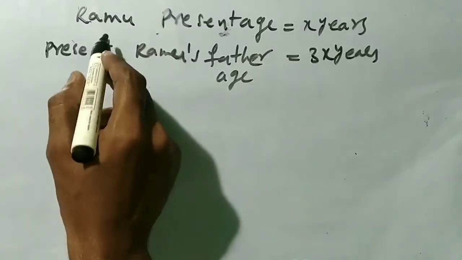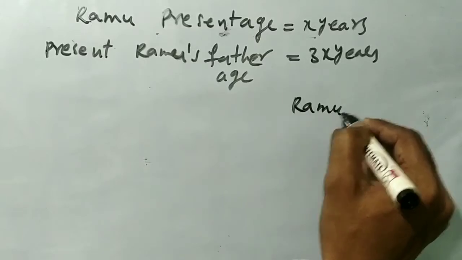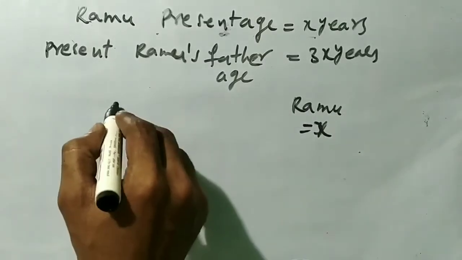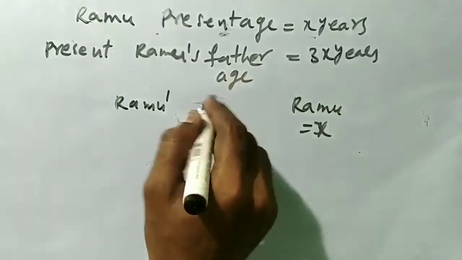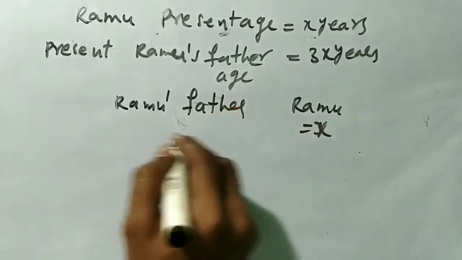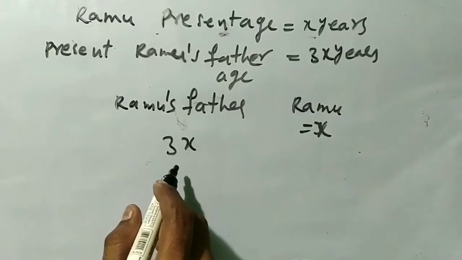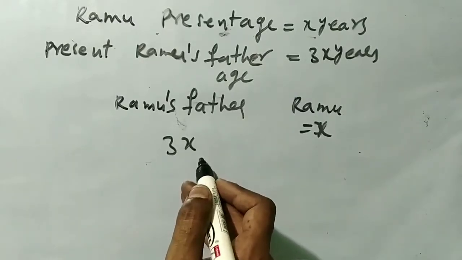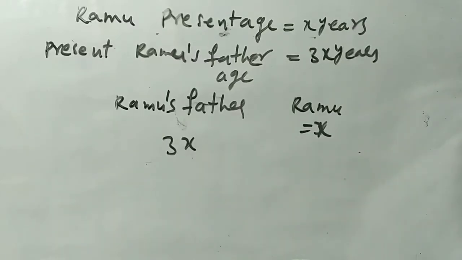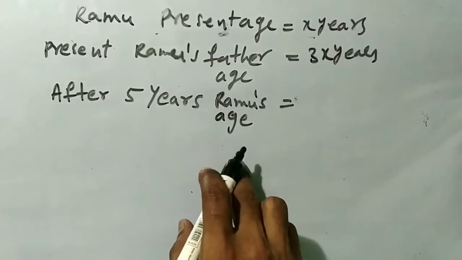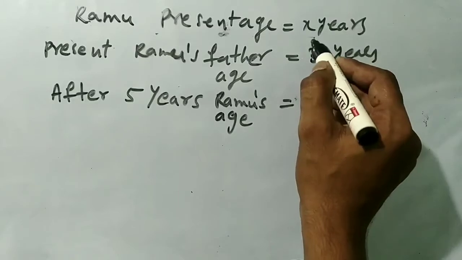So if we consider Ramu is equal to x, then Ramu's father will be 3x, because in the question they have given 3 times Ramu's age. So 3 into x. After 5 years, Ramu's age will be the present age of Ramu, which is x.